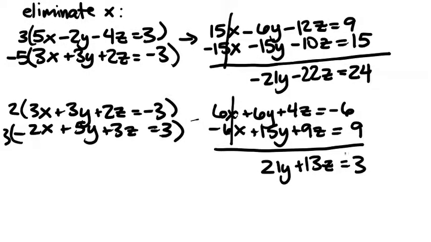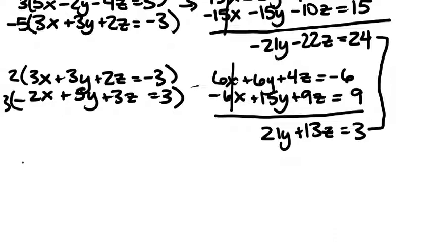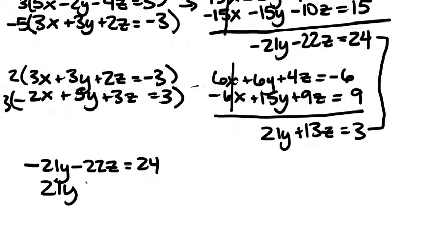So now I'm going to put these two equations together into a system. Now this worked out really nicely for me because I actually don't even need to multiply by anything here. So once I get this copied down, what's going to cancel out? Well, the y is going to cancel out automatically because I have negative 21 and positive 21.